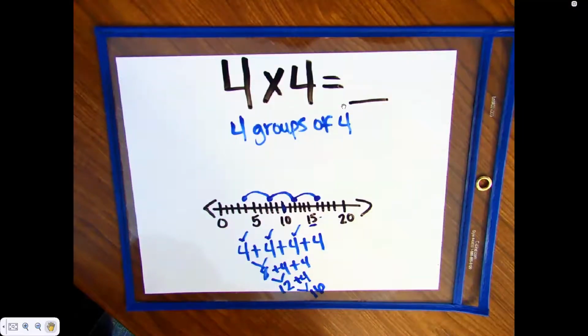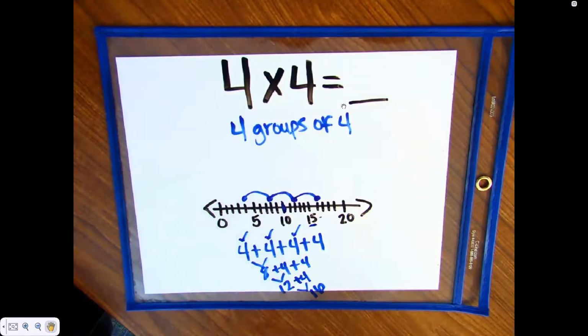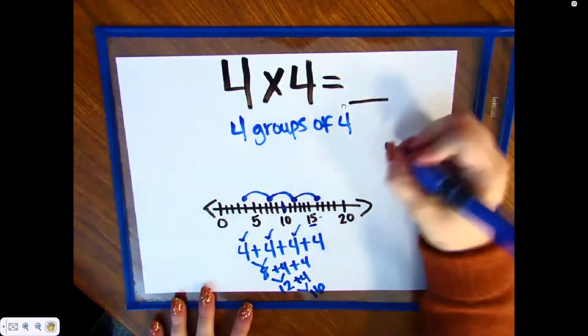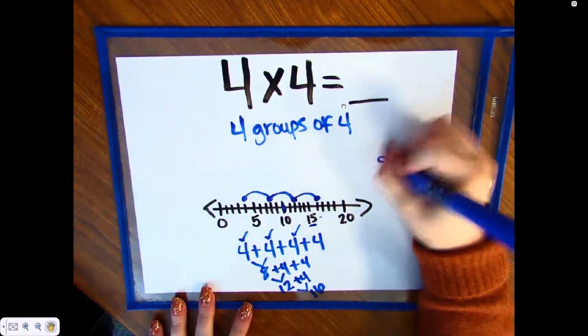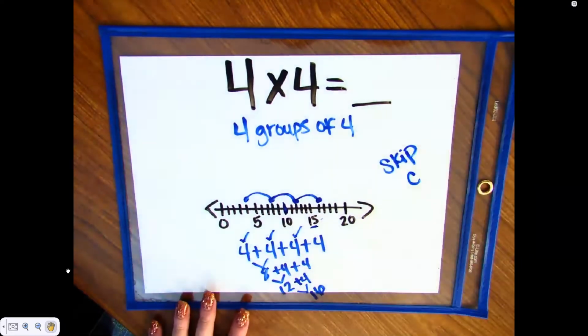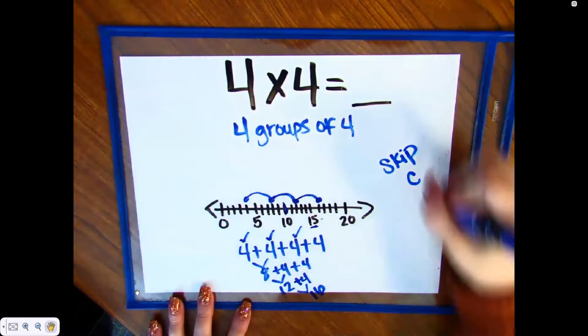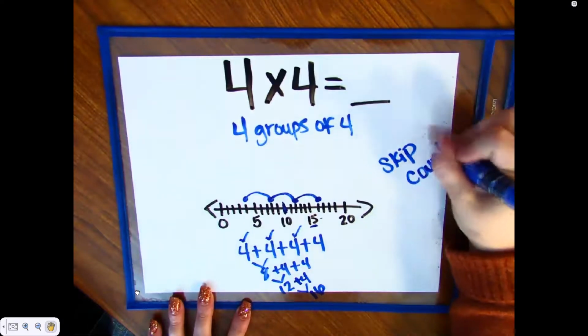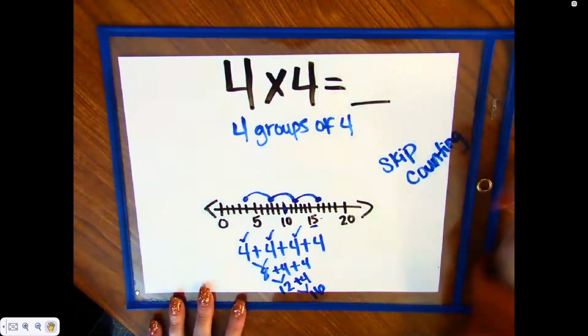And then what's the last one that we can skip count by? What's the very last one? Tens. Tens, okay? So usually when we're skip counting, we want to skip count by friendly numbers.